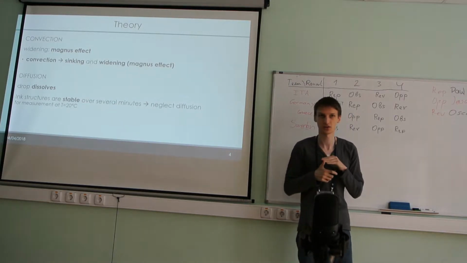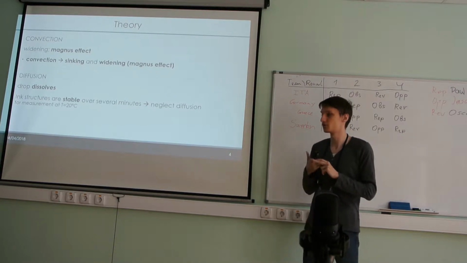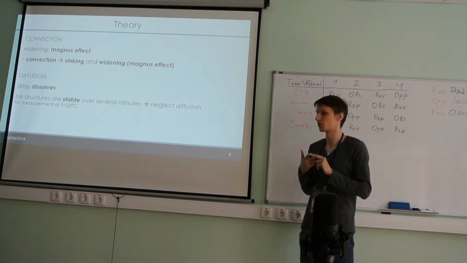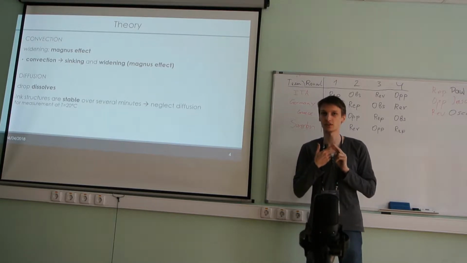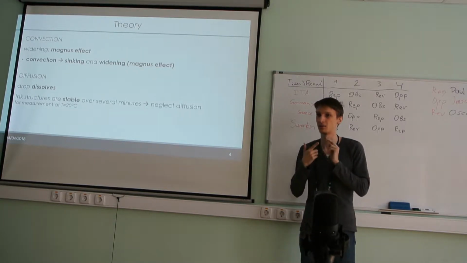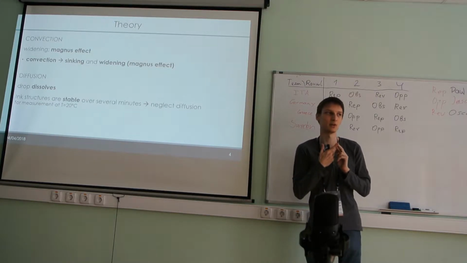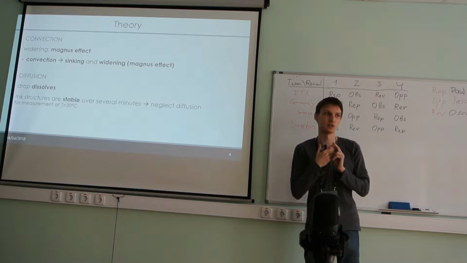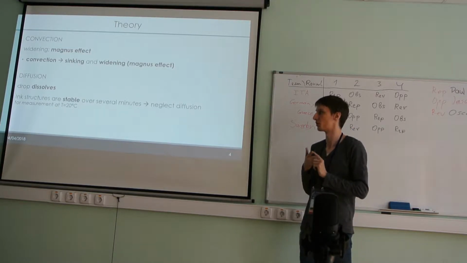One is the convection and one is the diffusion. The diffusion will be neglected in our investigation because we found these structures and droplets inside the beverage to be relatively stable. They dissolved only after a time much longer than the actual phenomenon we observed.